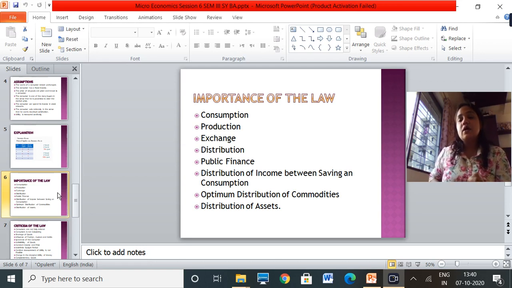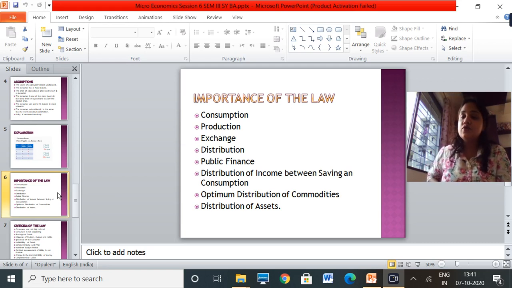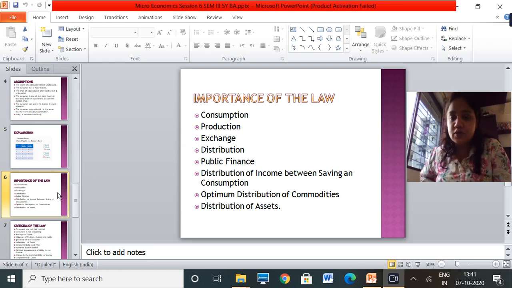If the government decreases the tax slab, then the disposable income that is left is going to be more. So the government also has to achieve an equilibrium so that the consumer has a proper amount of disposable income which he can spend and he can buy different types of goods.